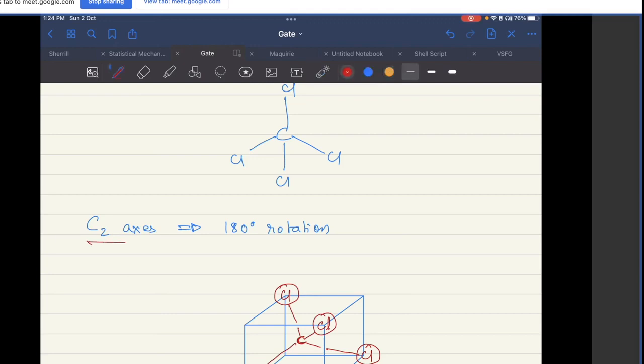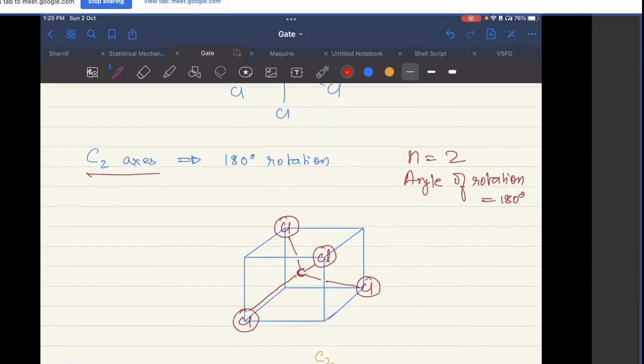So for a C2 axis, n is equal to 2, and my angle of rotation will be 180 degrees.